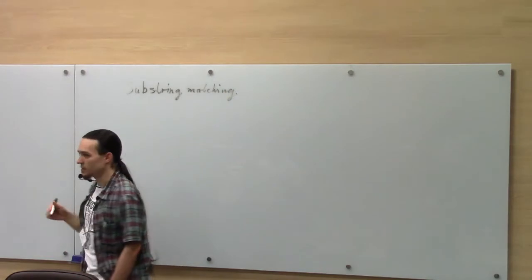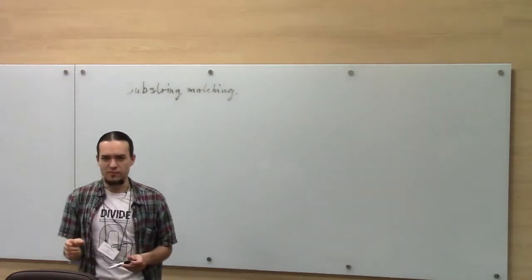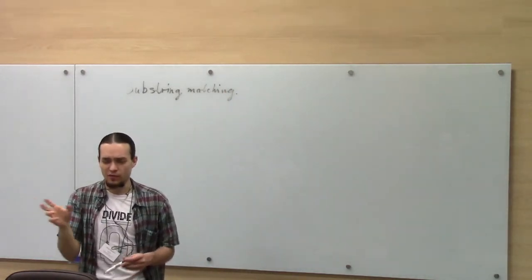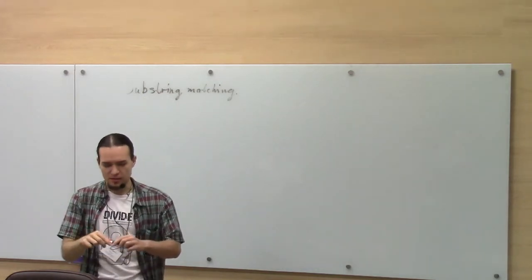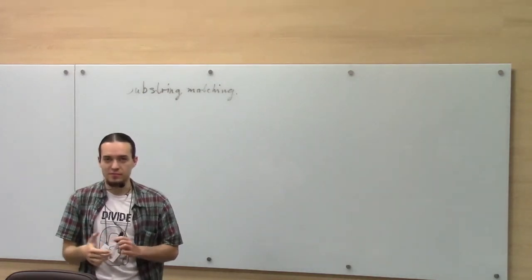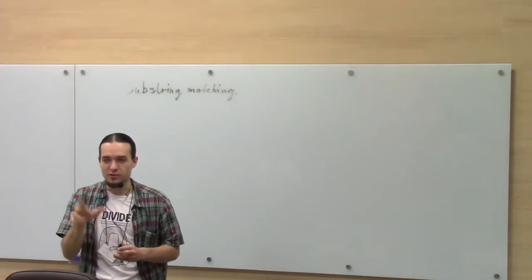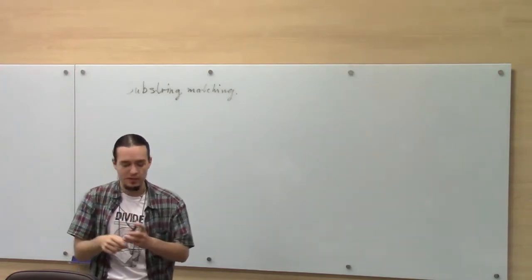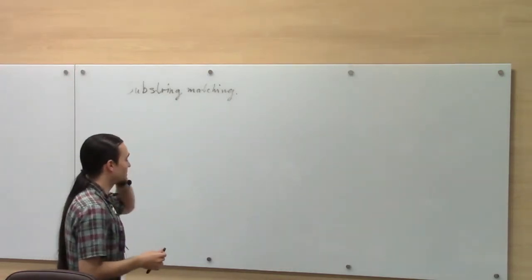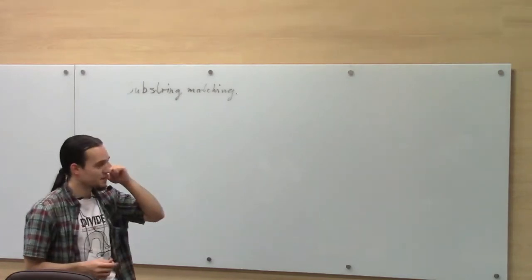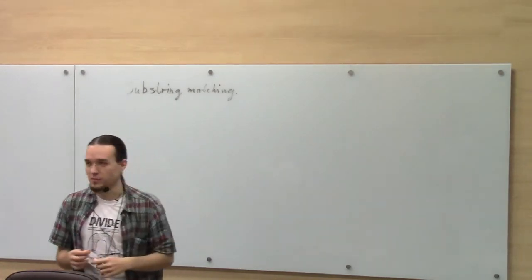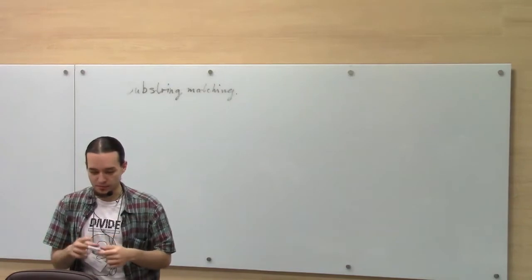When you have a text and, for example, you want to find all occurrences of a word in the text, like if you're looking at a page in the browser and you press Ctrl F and you're looking for a word. So you want to know how to do that fast. There are quite a few ways to do that in quite a few different settings.